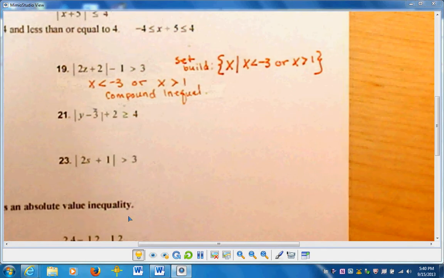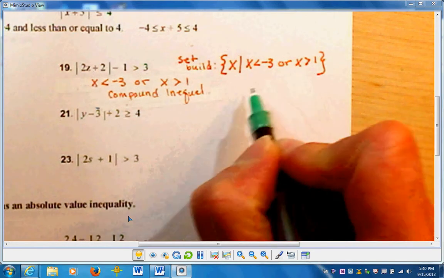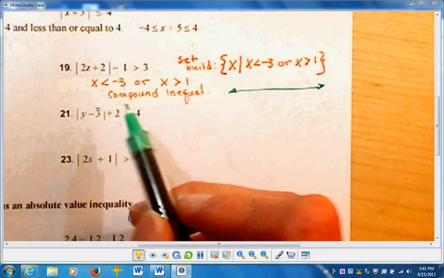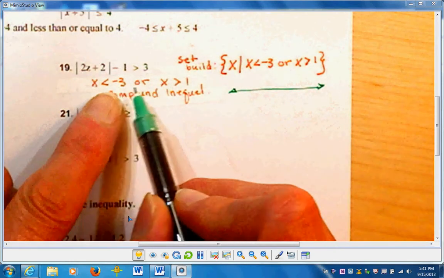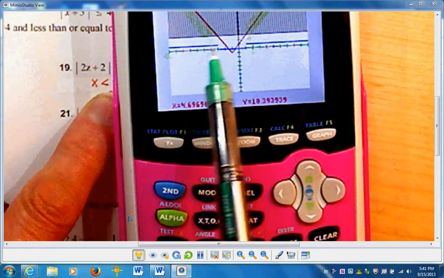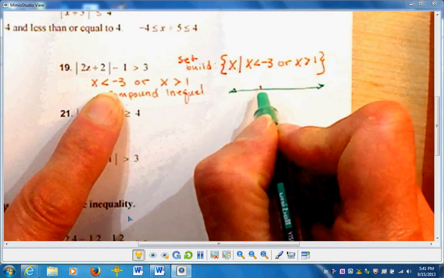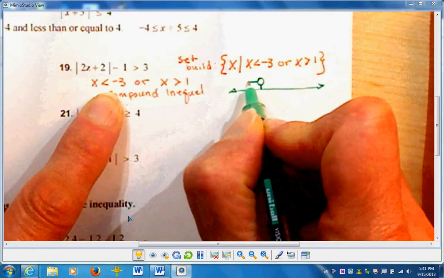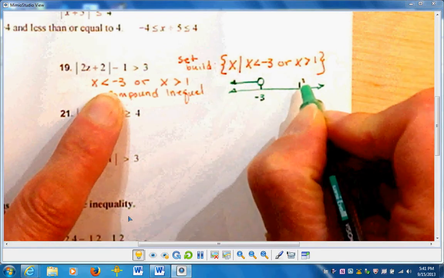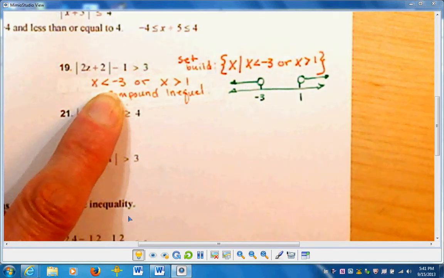So for interval notation, what I like to do to write my interval notation is I'm going to make a number line, and I'm going to put what my graph would look like. And we had gotten that from the calculator, right? Here, it goes out and it goes out on both sides. So -3 is here and 1 is here. Okay?